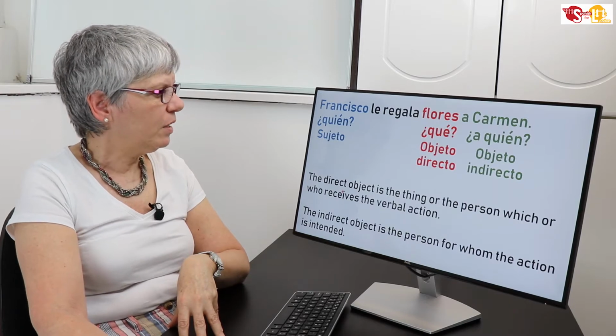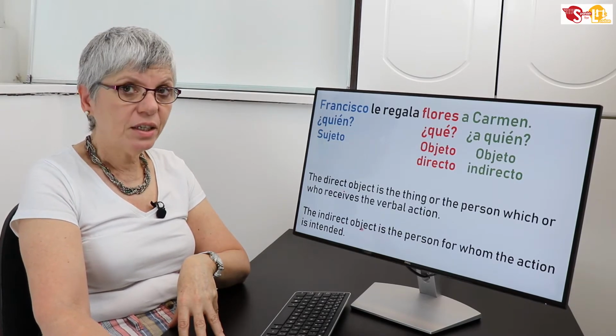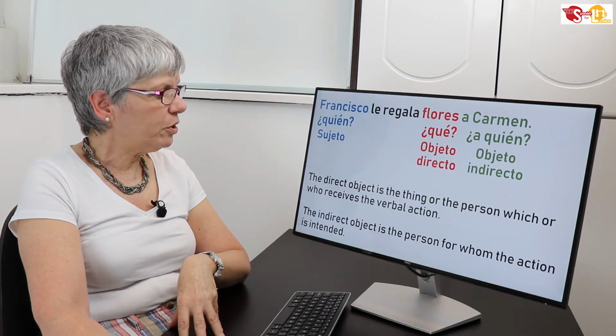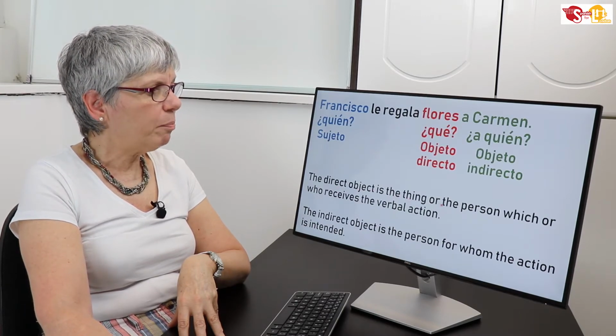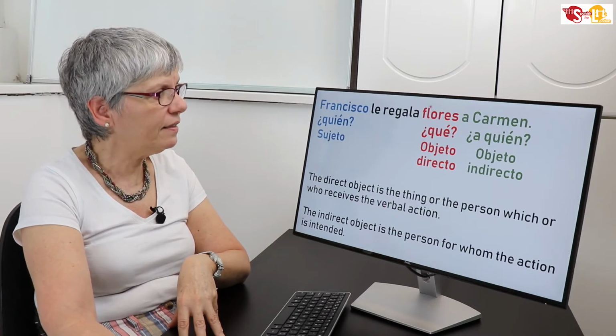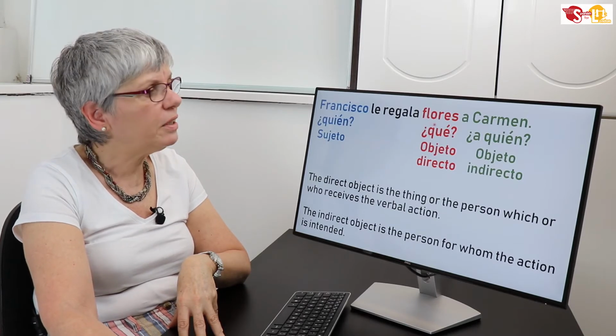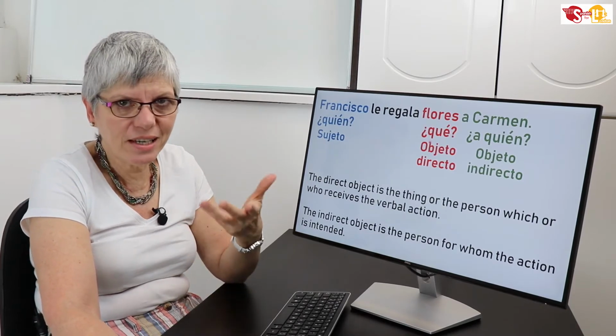Okay, let's see. I wrote here the definitions for the direct and the indirect object. The direct object is the thing or the person which or who receives the verbal action. In this case, the direct object is a thing, flores, but it could also be a person in other sentences.